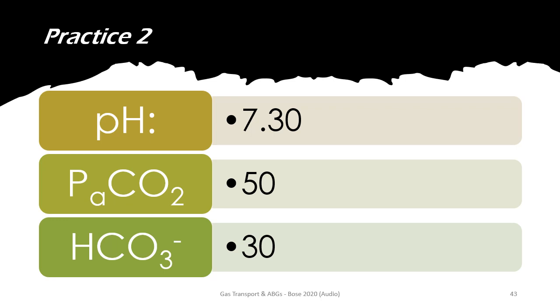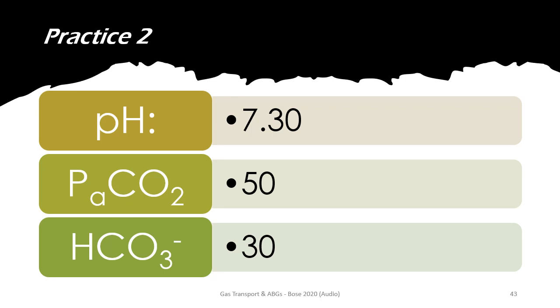The second question: is the problem respiratory or metabolic in nature? So what else is acidotic other than the pH? If we answer that, we can answer this question of whether the problem is respiratory or metabolic. If you look at the carbon dioxide, it is 50 and it is very high.